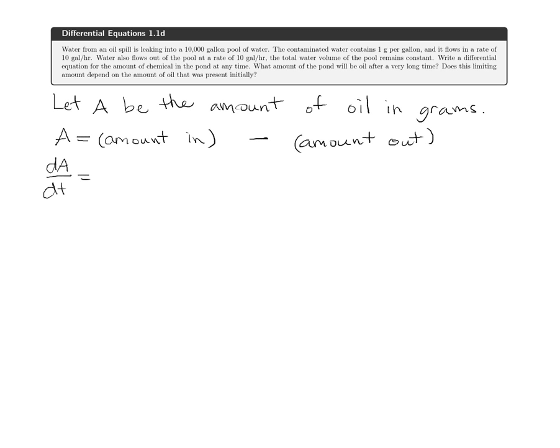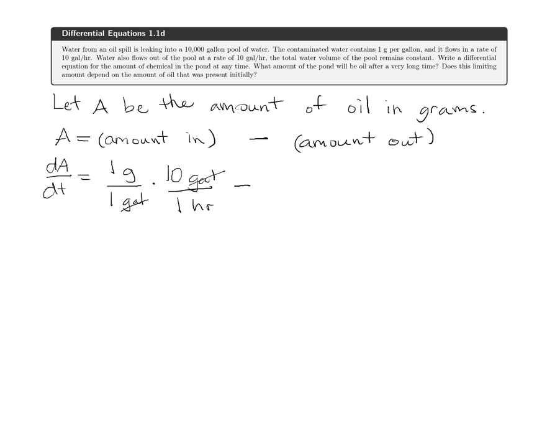Rereading the problem, we see that there was 1 gram of oil per 1 gallon of water. And we're going to need to multiply that by 10 gallons per 1 hour, and the gallons will cancel, and that leaves us with grams per hour, which are the exact units for dA over dt. That's how we can check our work, make sure that what we're writing makes sense.